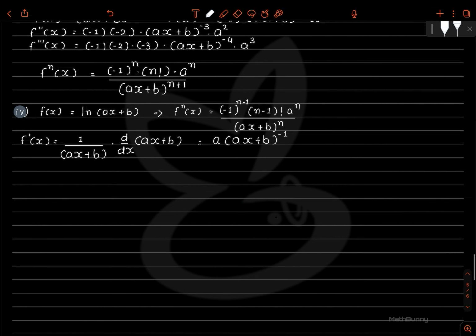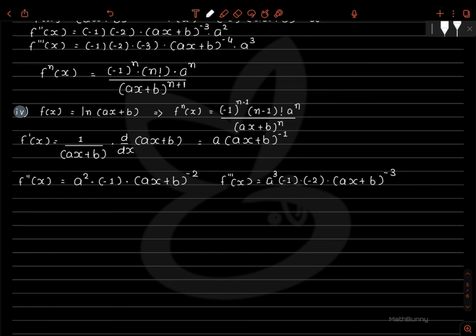Let us further differentiate this. f double dash of x would be equal to a square into minus 1 into (ax plus b) raised to minus 2. Again differentiating, f triple dash of x would be equal to a cube into minus 1 into minus 2 into (ax plus b) raised to minus 3.